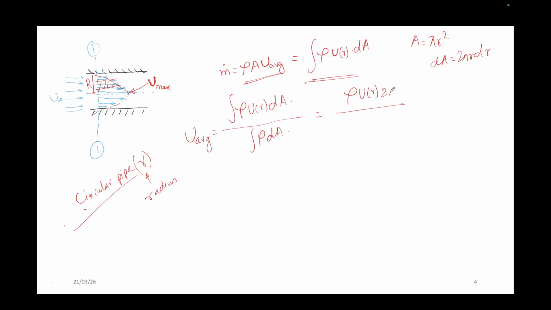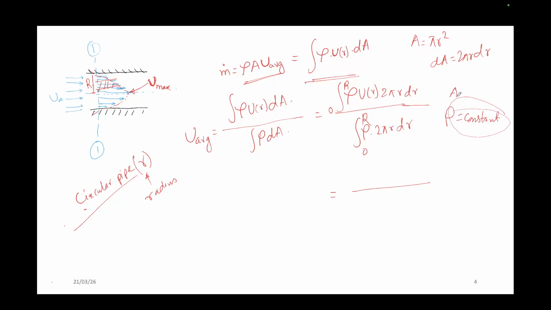It should be 2 pi r dr, right? So now you can integrate. What is the range of r? It is from 0 to R. Similarly here also you can do area 2 pi r dr, r from 0 to R. Let us assume rho is constant, or it is an incompressible fluid.